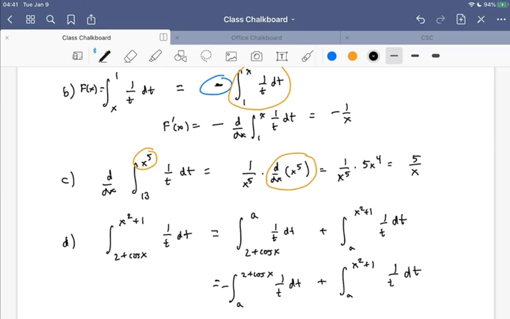Just by the way, while somebody's typing or whatever, this is exactly what I want to do on Friday. I suspect that you guys are going to have problems with the U substitution.